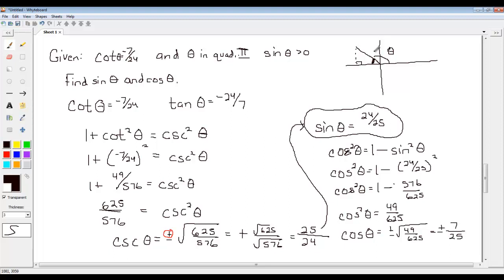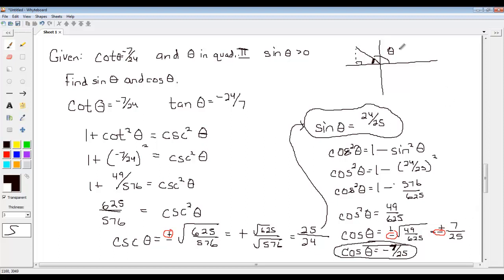But since we are in quadrant 2, a smart trig class, where sine is positive, cosine would necessarily be the negative one. So cosine theta equals negative 7 over 25. Trying to circle that. My pen didn't catch up. This is a 7 right here.